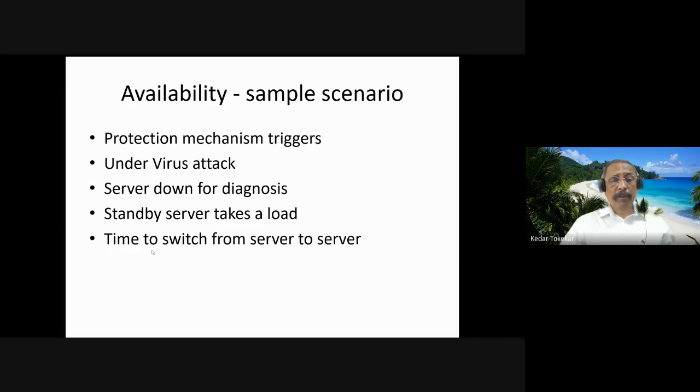Now, what can be the measure of it? Time to switch from server to server. There can be a momentary disconnect when switching from one server to another, like the DG set or generator example. Even in some buildings, I know they have implemented a system where if the electricity fails, two generators start at exactly the same time, and within moments the faster DG set starts taking up the load and the second one goes down.